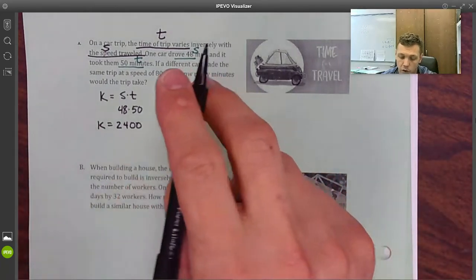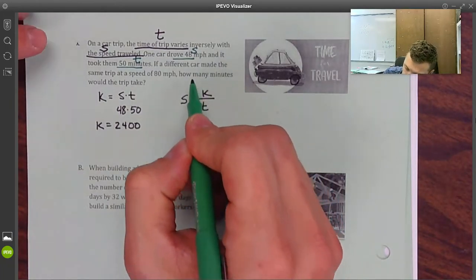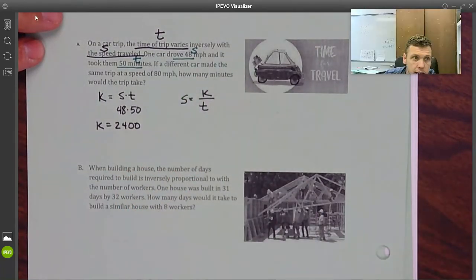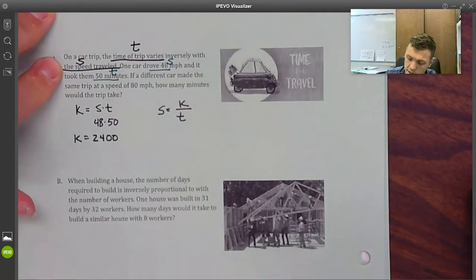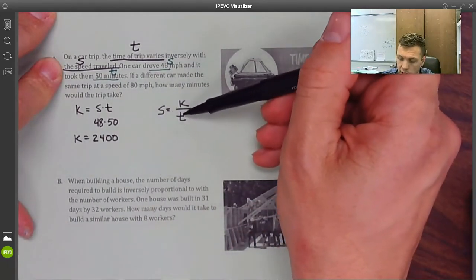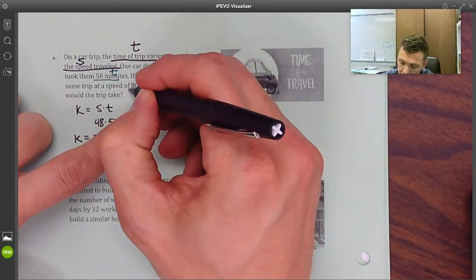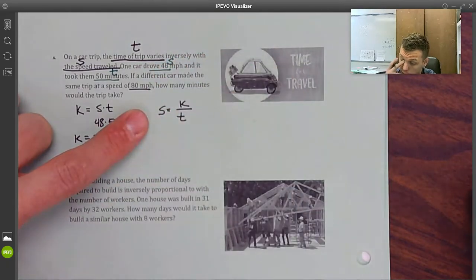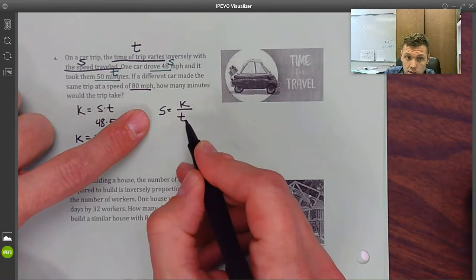Okay, so now the question wants us to find, so our equation says the speed is equal to k over t. Now, make sure that we substitute these correctly because it gives us 80 miles per hour, and we are trying to figure out how many minutes, the time.